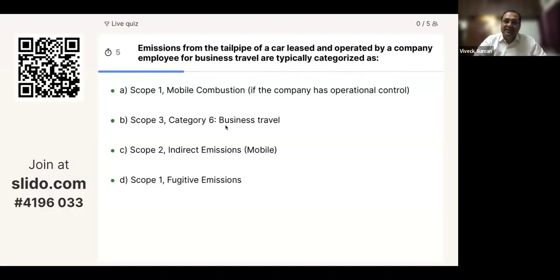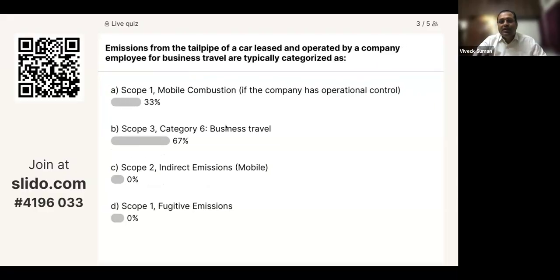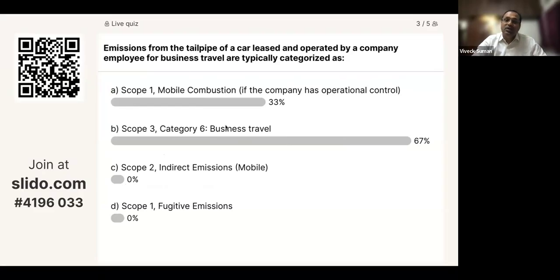For business travel, it's typically categorized as leased है, business travel है, दोनों स्कोप 3 है. रिमेंबर, कार लीज्ड हो गया, हमारा ओनरशिप गया. ओन नहीं है तो स्कोप 3 हो गया. और एम्प्लॉय बिजनेस ट्रैवल कर रहा है तो स्कोप 3 हो गया. तो करेक्ट आंसर इज द फर्स्ट वन. हियर यू गाइस हैव मेड अ मिस्टेक. नो प्रॉब्लम, इट्स अ स्कोप 3 डिस्कशन.